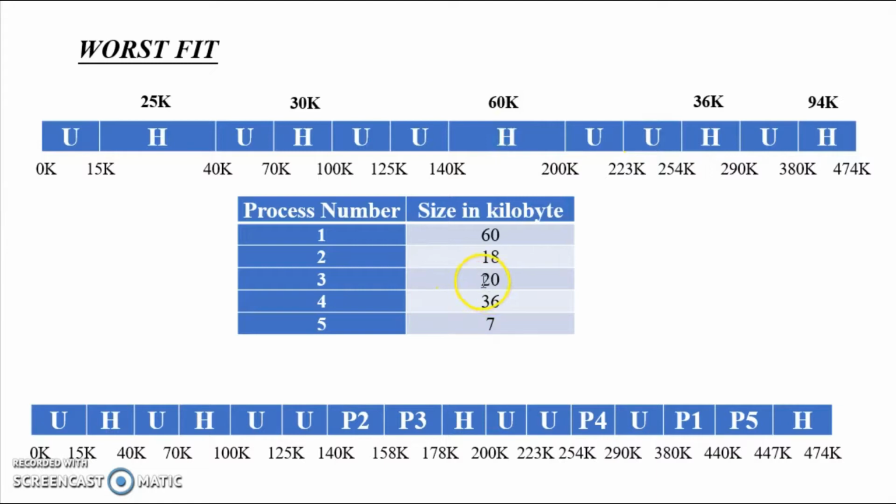So the third process fits the largest one, which is 42 kilobytes in the third hole. So we place our process 3 after process 2 in the third hole.